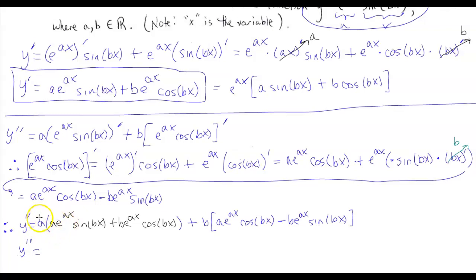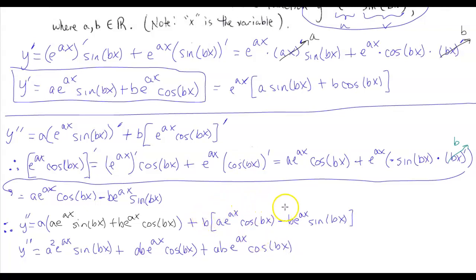So here we distribute our a to both terms here. We'll have a squared e raised to the ax sine of bx plus ab e raised to the ax cosine of bx plus ab e raised to the ax cosine of bx.